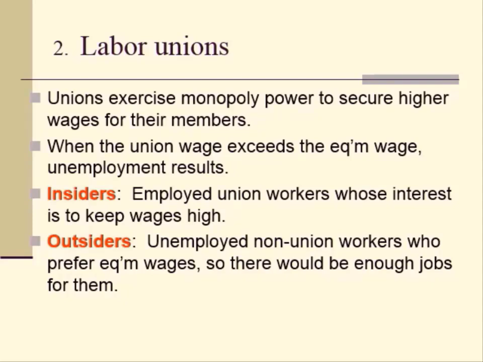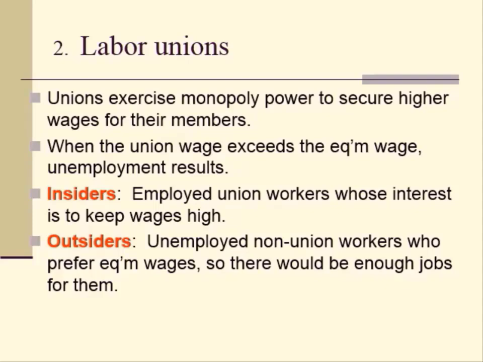And there are conflicts of interest between the insiders and outsiders. So who are the insiders? Insiders are employed union workers whose interest is to keep wages high. On the other hand, outsiders are unemployed non-union workers who prefer equilibrium wages, so there would be enough jobs for them.